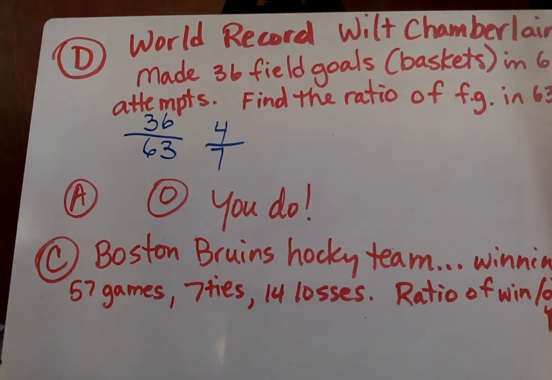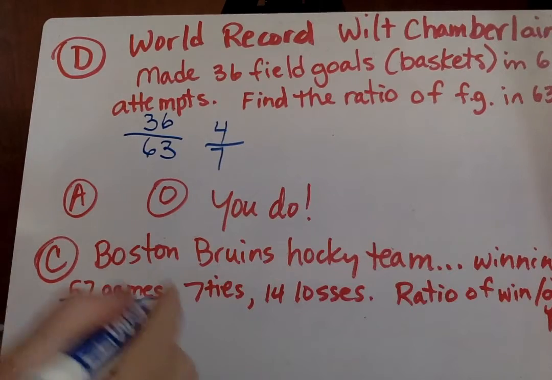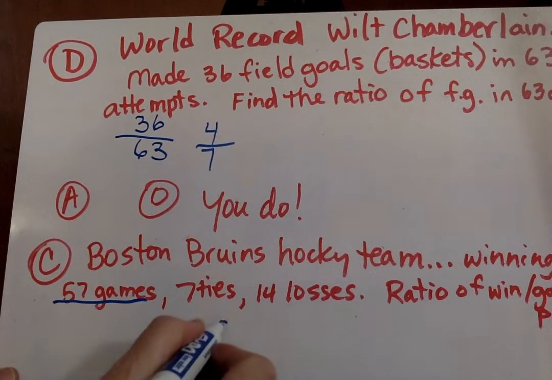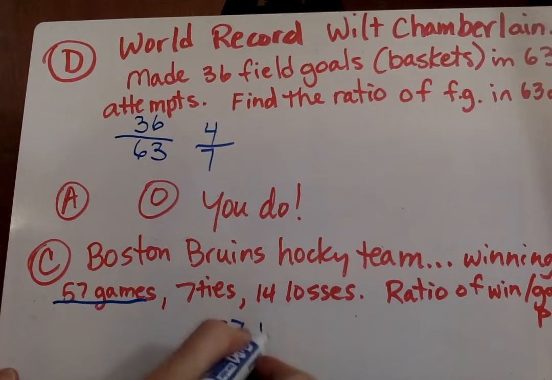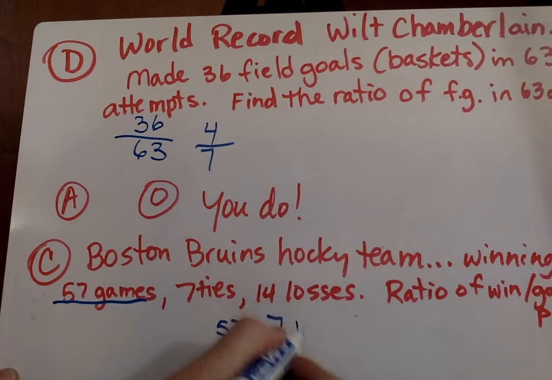I'm going to jump to letter C. The Boston Bruins hockey team set a winning record, 57 games against 7 ties and 14 losses. Find the ratio of games won to games played. So they won 57 games, but how many games did they play all together? They played 57 that they won, plus 7 that they tied, plus 14 losses.